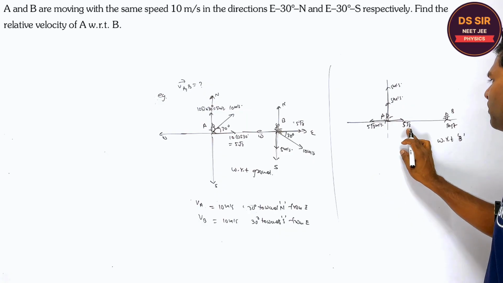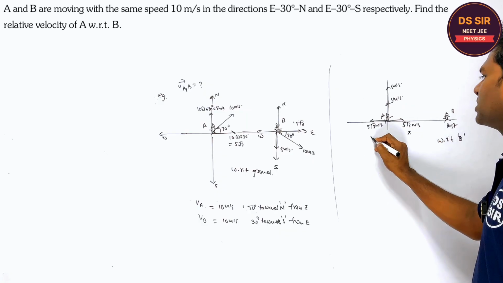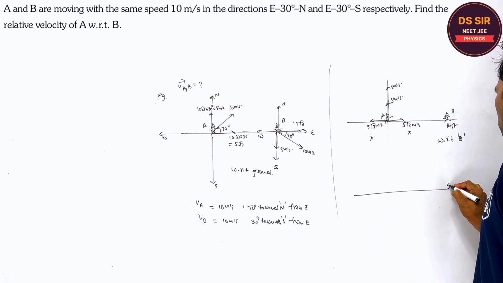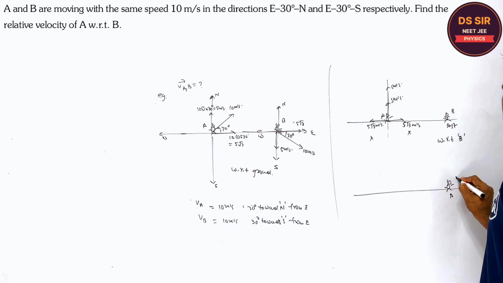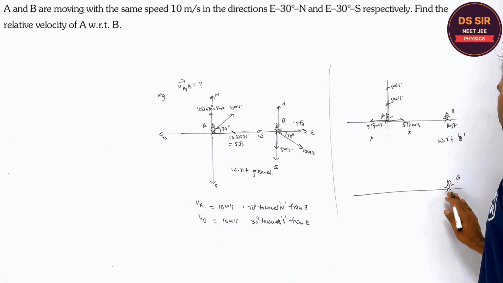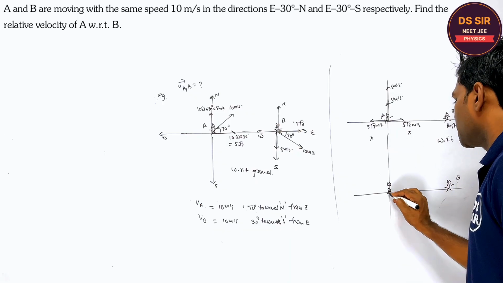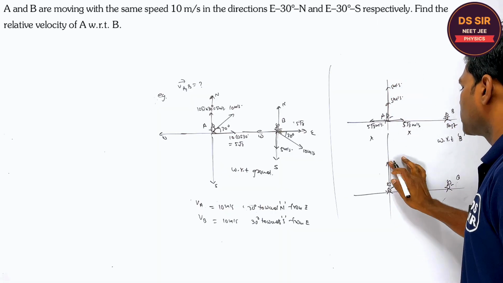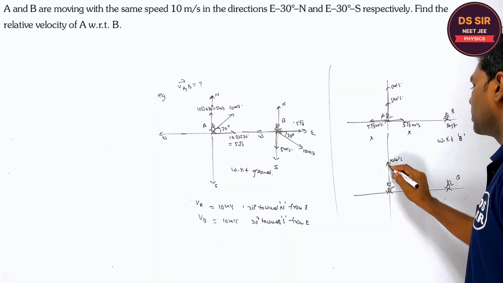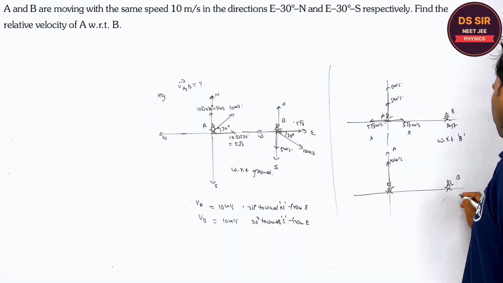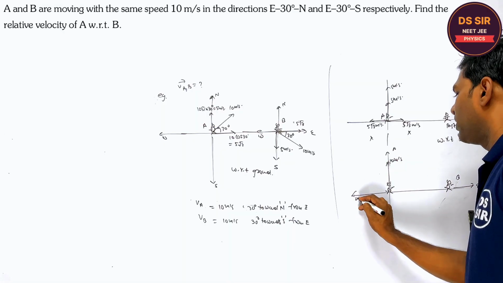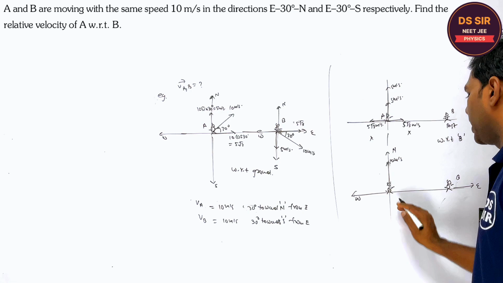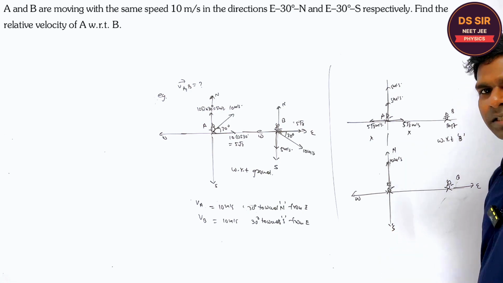The 5 root 3, it will cancel. So with respect to B, this is the person A, moving with 5 plus 5, it is 10 meter per second. What is the direction? It is east, west, north, and it is south. Is it clear or not?